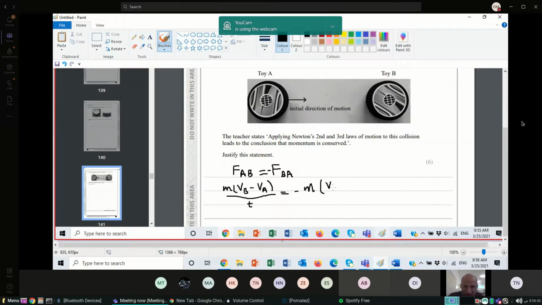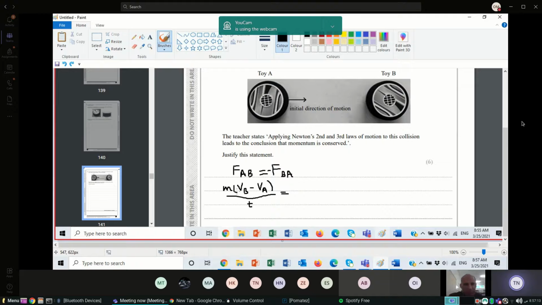A similar approach you have to follow, but this will cancel because these two are equal. So forces are equal. Obviously, you have to use this. We have to prove that the momentum is conserved, so you have to use the same concept.